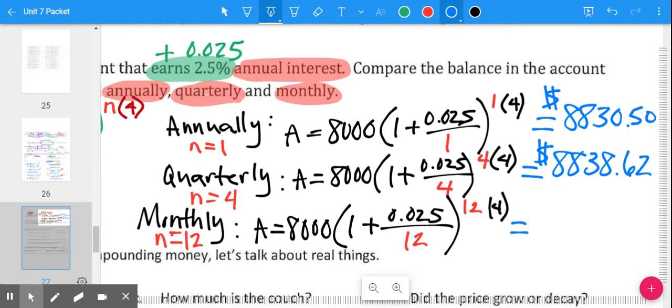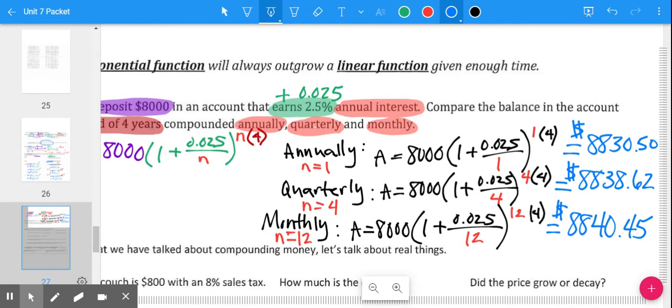And when you do that, you end up with $8,840.45. So based on this, the way that you would prefer to be building interest is monthly.